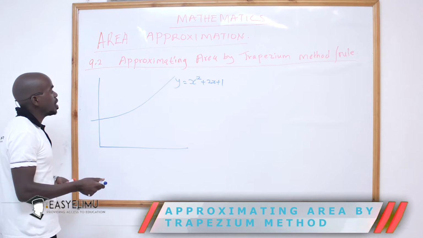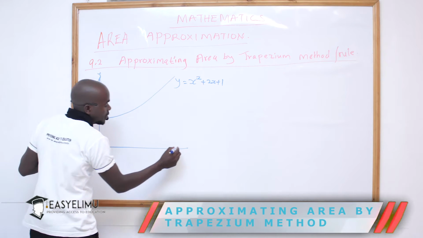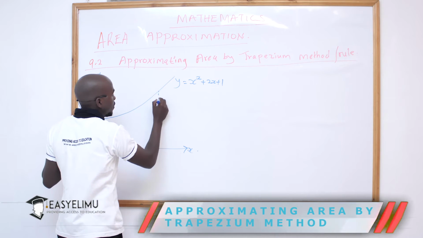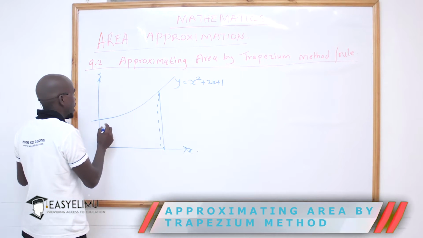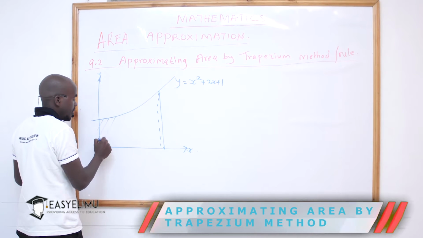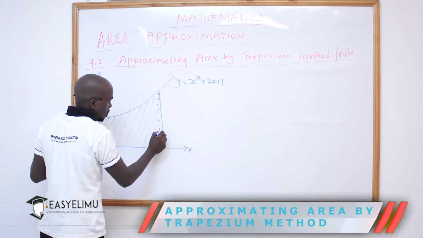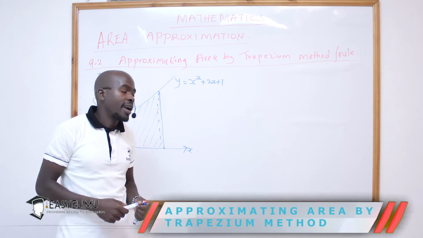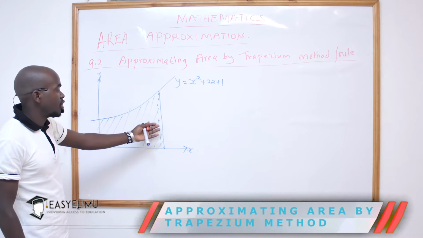And then we are told to find the area under the curve, where this is the y-axis and this is the x-axis, between these lines. Let's say the area under the curve is this area. We can be asked to find the area under the curve of the shaded area as shown below.